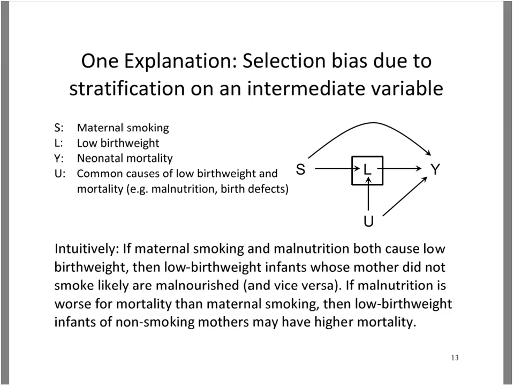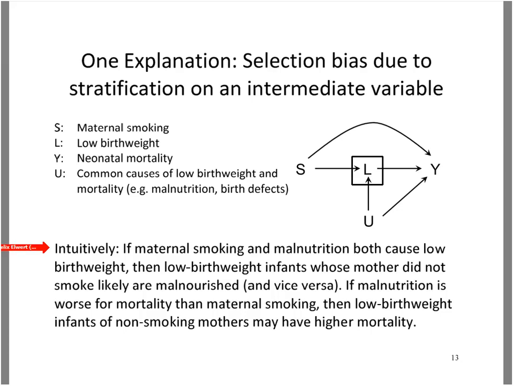The substantive intuition is the following. Suppose that U is malnutrition, okay? Now, if it's the case that maternal smoking and malnutrition both cause low birth weight, as we claim in this DAG, then low birth weight infants whose mother did not smoke are likely malnourished, or vice versa.